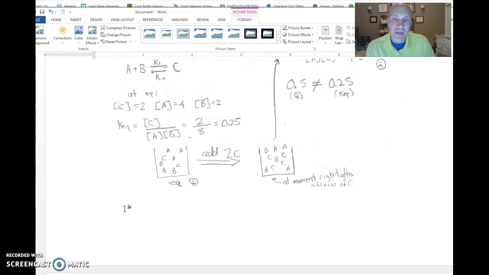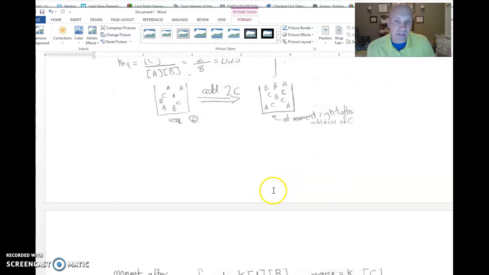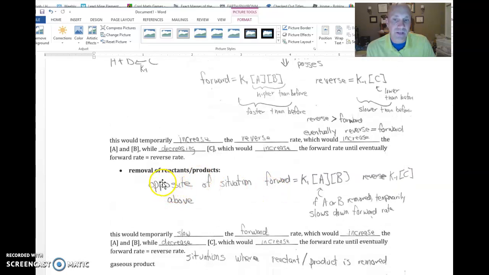In the previous example, we investigated what would happen if you added some reactants or products. What happened is that it just affected the concentrations of things in your reaction, and your reaction would respond to that. Well, a similar type of thing could happen if you removed products or reactants.